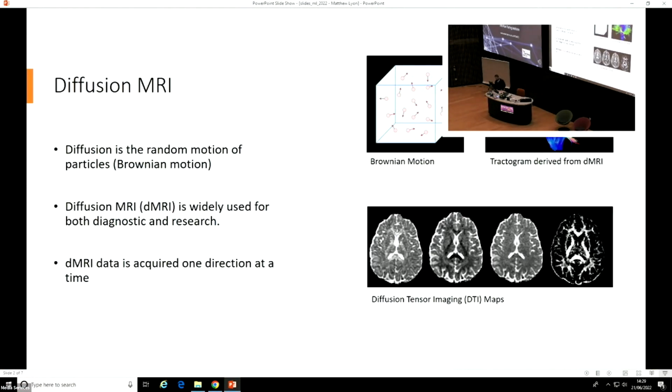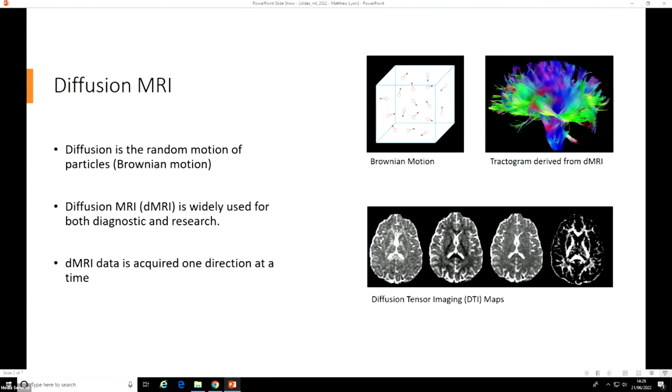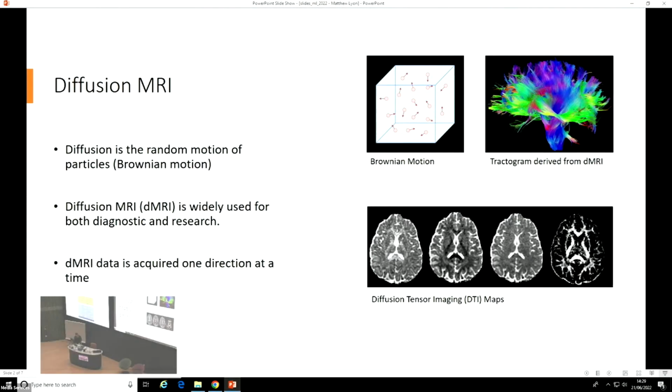So let's start off by discussing what diffusion MRI is. Diffusion is simply the random motion of particles, also known as Brownian motion. And diffusion MRI is a modality of magnetic resonance imaging that measures the diffusion of water in specific directions.